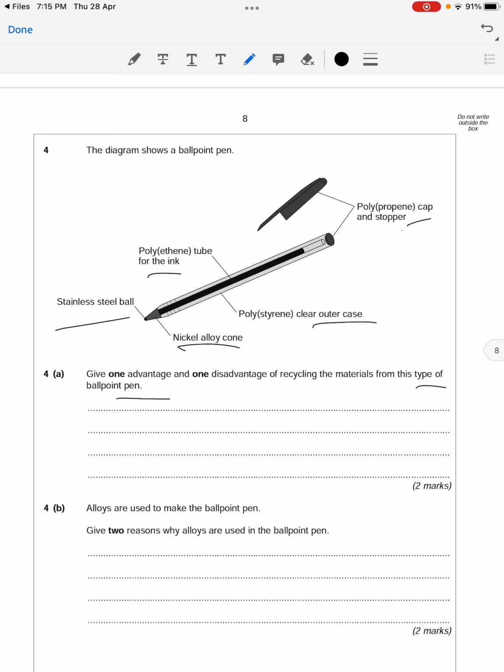From this ballpoint pen, you can mention that it conserves resources, and less energy is being used. Again, we're using the terminology energy. Instead of electricity, we're just mentioning that less electricity is being used for producing these materials. 2 marks: you just mentioned conserves resources and less energy being used.